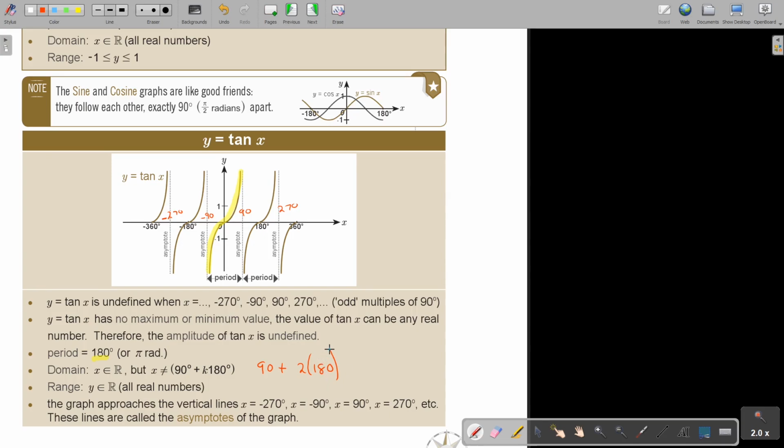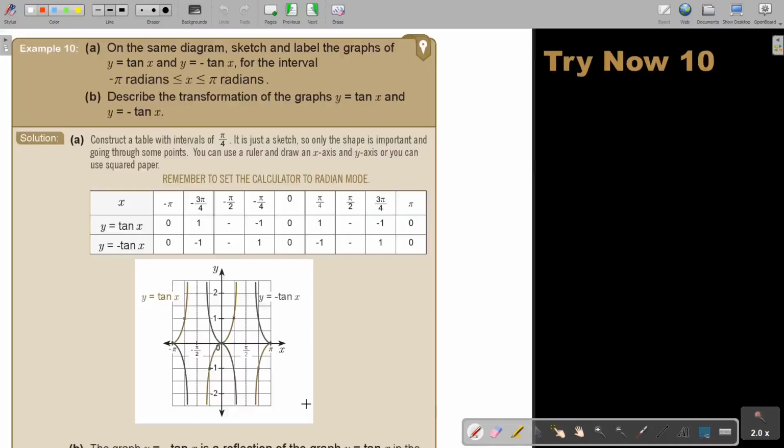Okay, so odd multiples of 90, and if it was 1, so 180 plus 90, it's 270. But it can also be negative 1 and negative 2. Just take note of that value of k. The graph approaches the vertical lines, x equals 90, this is now the asymptote, so it's striving to it, but it's never crossing it. These lines are called the asymptotes of the graph.